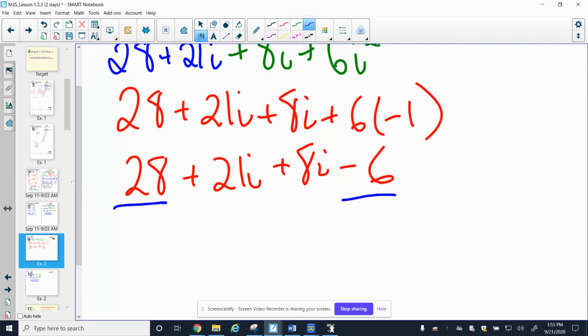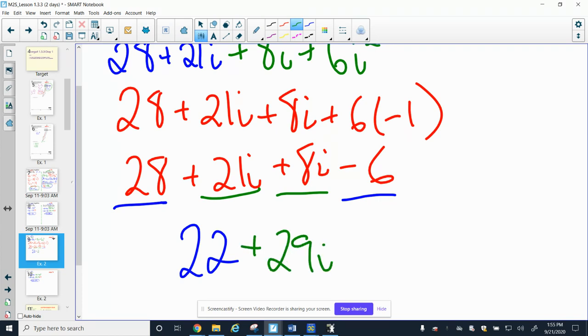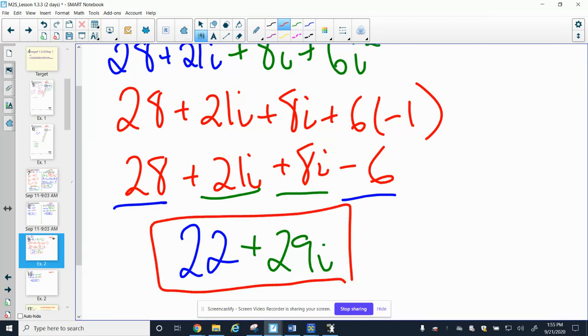Let's combine the 28 and the -6, 22. And then let's combine the plus 21i and the plus 8i, make plus 29i. 22 plus 29i. And we're going to leave it like this with the real number in front, the imaginary number in the back. With complex numbers, always write the real component first, then the imaginary component.